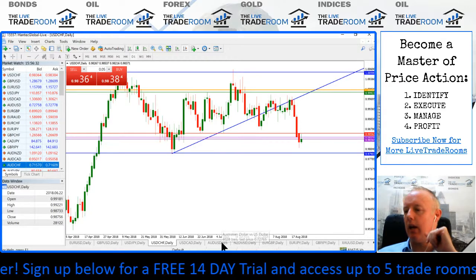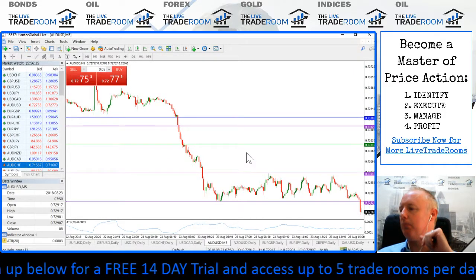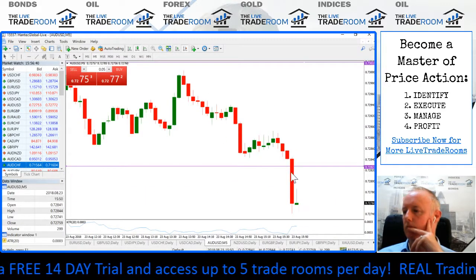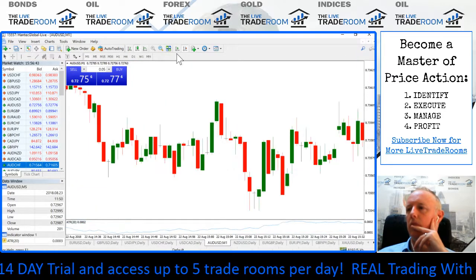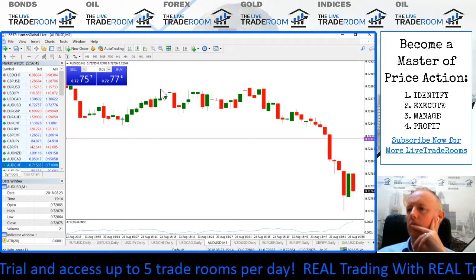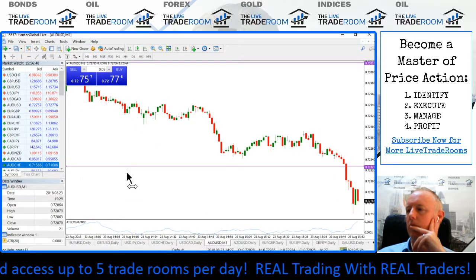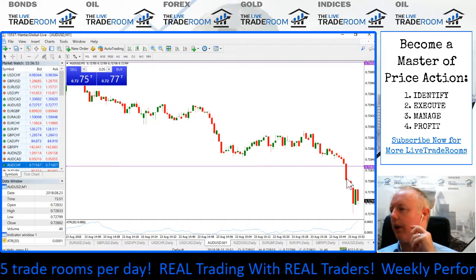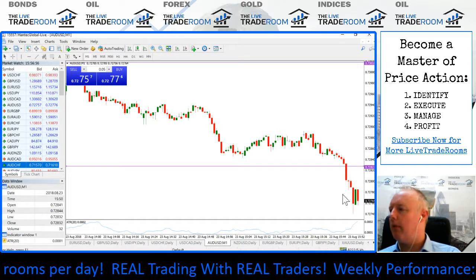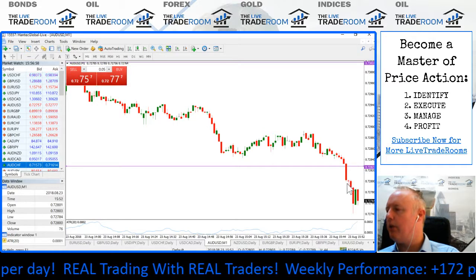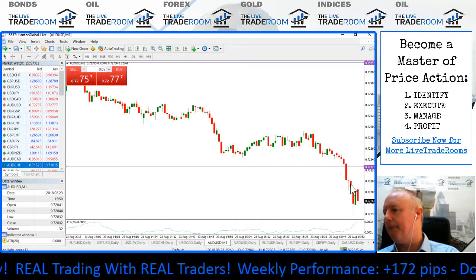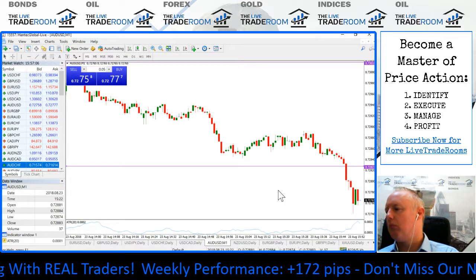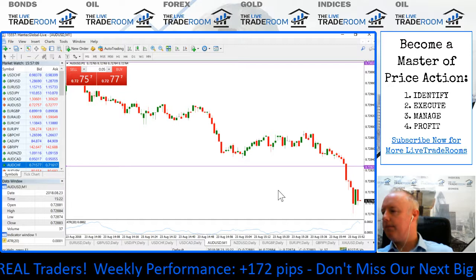Okay, let's see the Aussie dollar. So we are getting that little break below. We did get that little roll over to the downside, got the close below. So really selling in and around the 72.79 level.